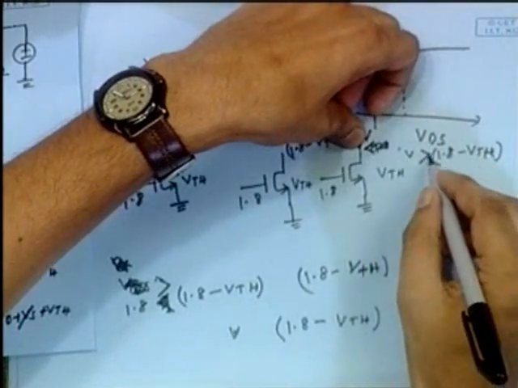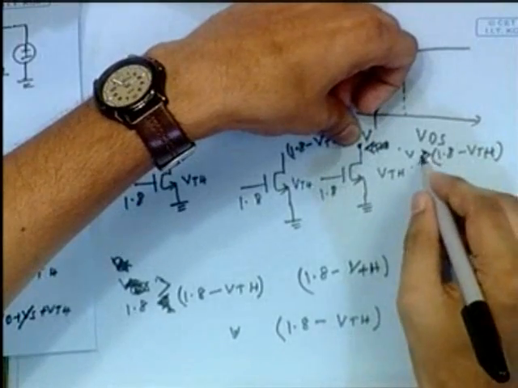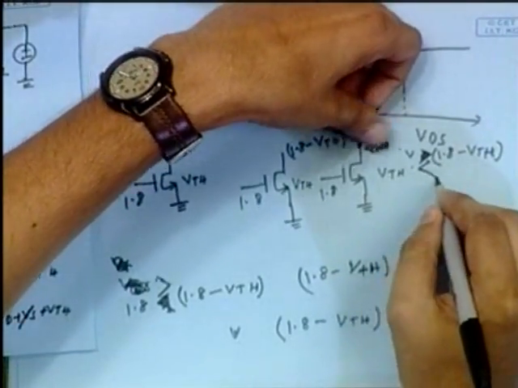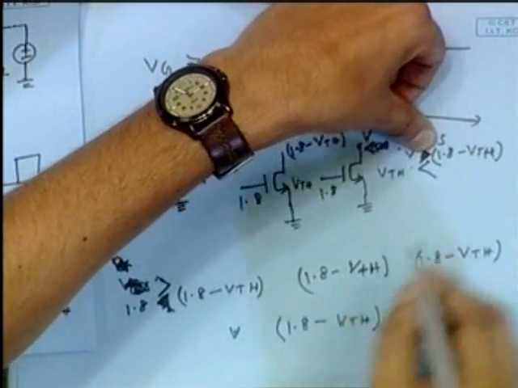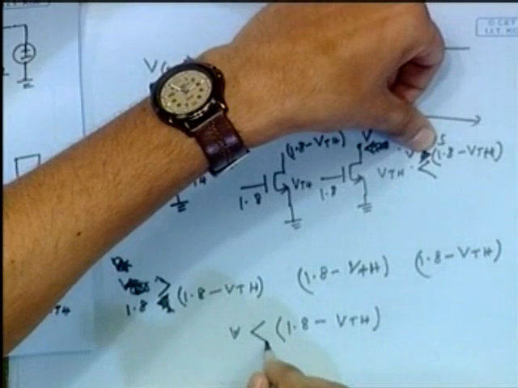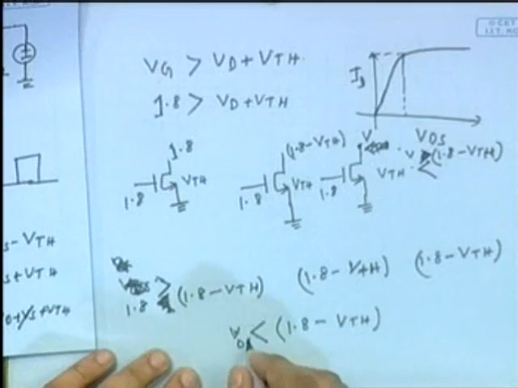Now V is, for example, less than 1.8 minus Vth. So in that case this is the condition, and this is equal to Vds.